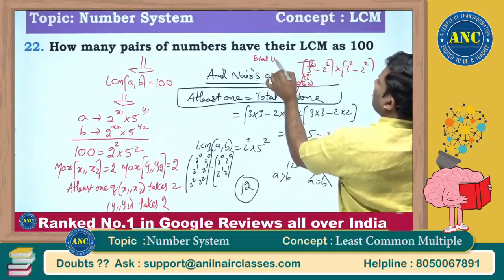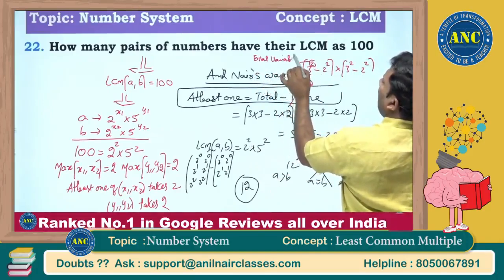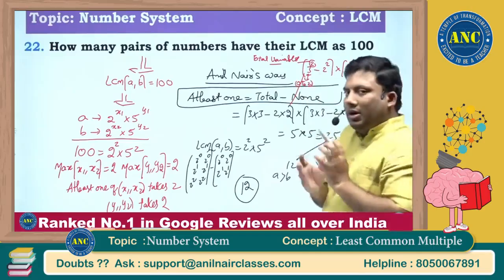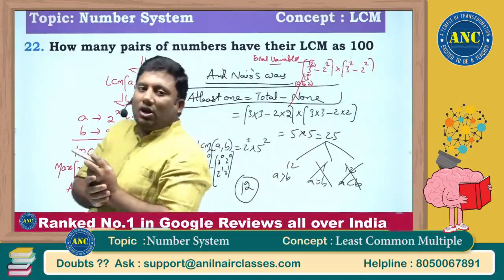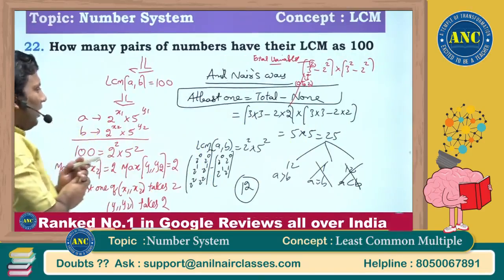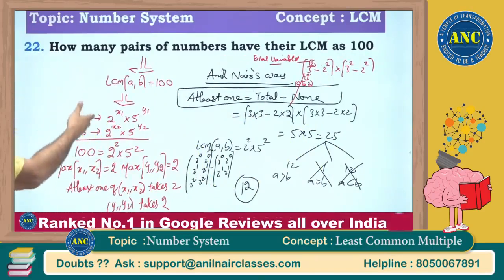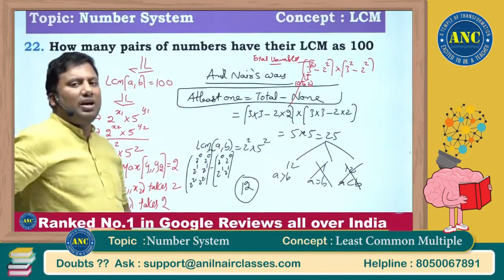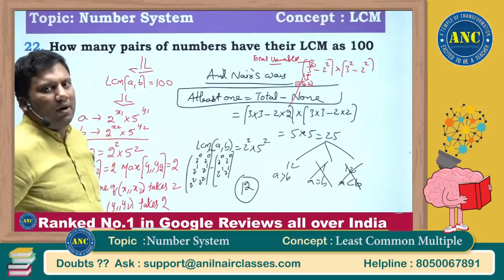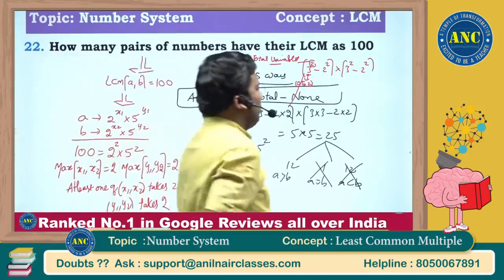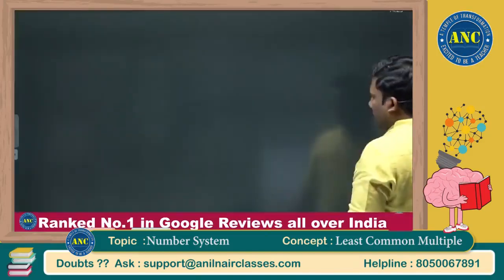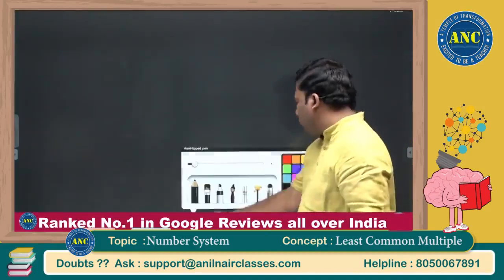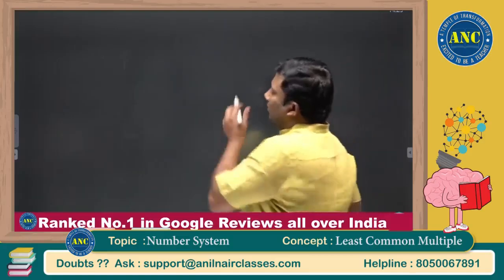Total 2 variables are there. Either A can take or B can take. Just remember this, then I will solve multiple problems in the next slide. I hope this logic is clear. No need to take maximum of x1, x2 equivalent to 2, maximum of y1, y2 equivalent to 2. Now see here. Now, a lot of questions I will take up. Question.